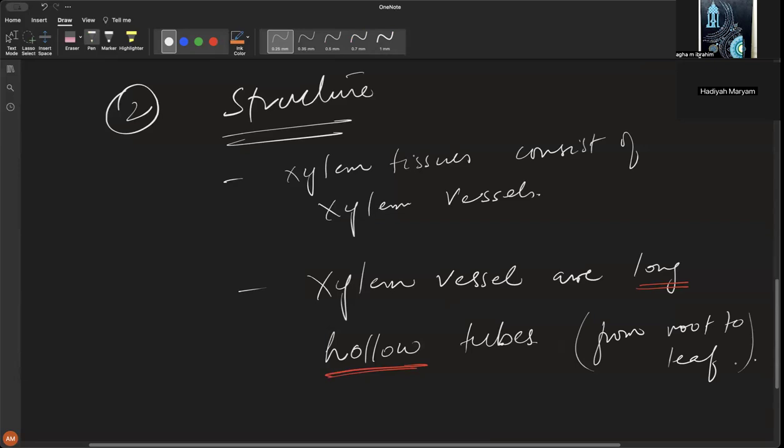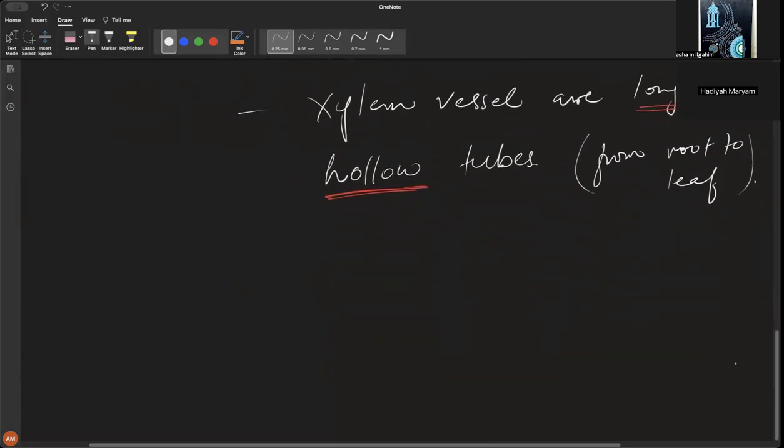It's a long hollow tube. So it has long hollow tubes.